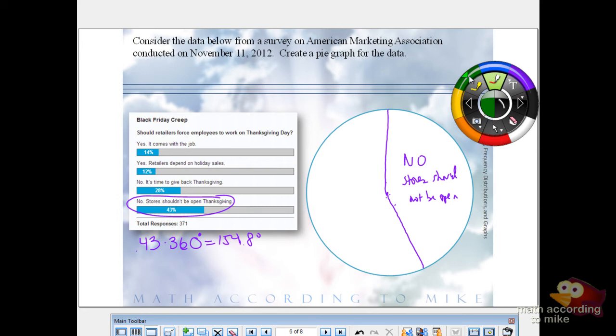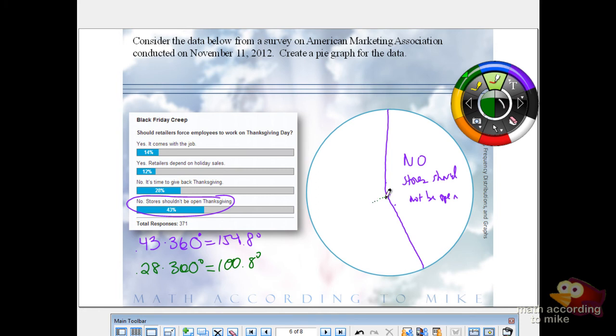So the next smallest angle would be 28 degrees, or 28%. So we'll be doing 0.28 times 360 degrees. And that gives us 100.8. So from this new segment that we just drew, if I go right angled to it, that's 90 degrees.